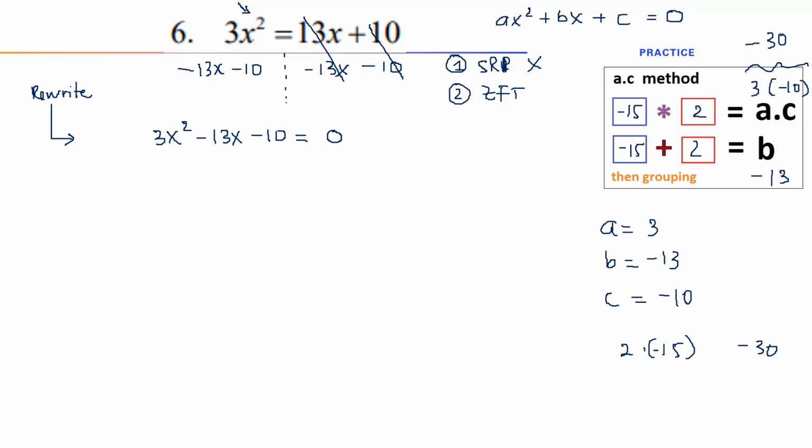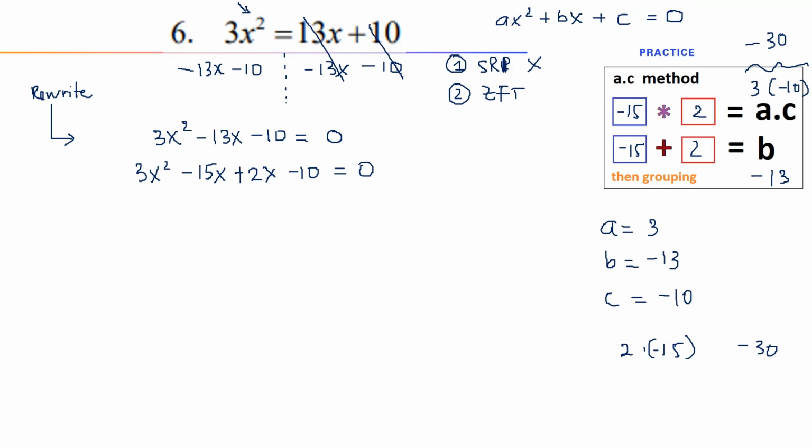Now we rewrite this one. 3x squared, now negative 13x we write out as negative 15x plus 2x minus 10 equals 0.